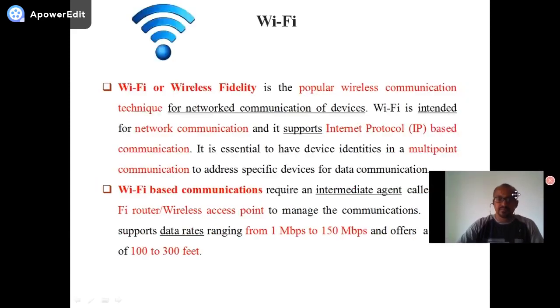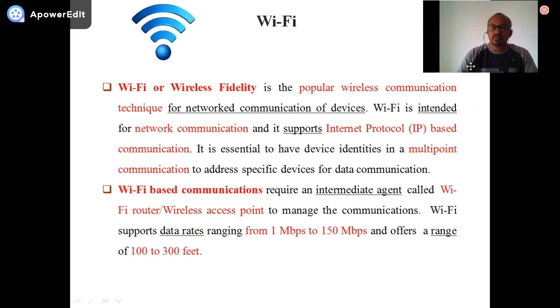Wi-Fi. Wi-Fi is wireless fidelity. It is the most popular wireless communication technique for network communication of a device, or even for internet support if required. It supports internet protocol based communication, and you might have observed that most engineering college campuses are Wi-Fi enabled.